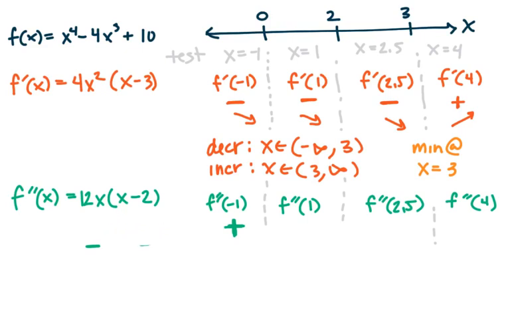So plugging those numbers in, I get positive, negative, positive, positive. Positive lets me know I have concave up. Negative lets me know I have concave down. So I've got concave up, concave down, concave up, concave up.